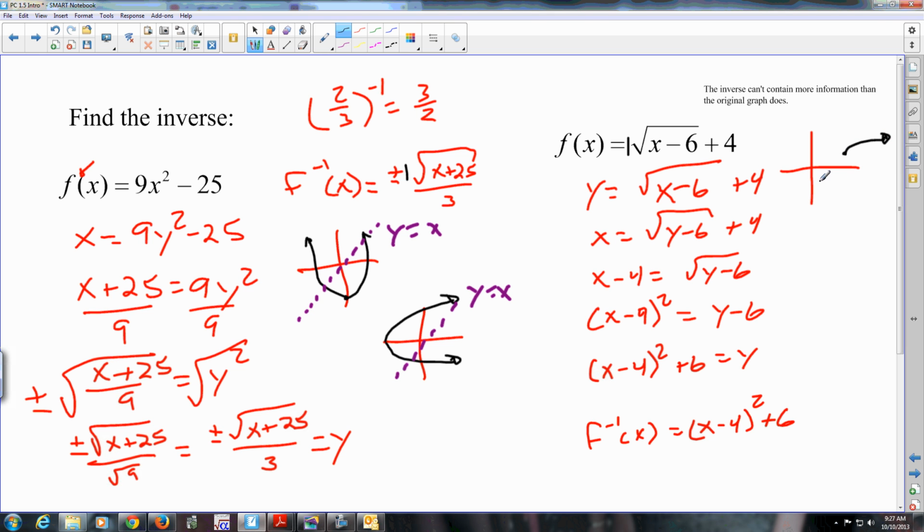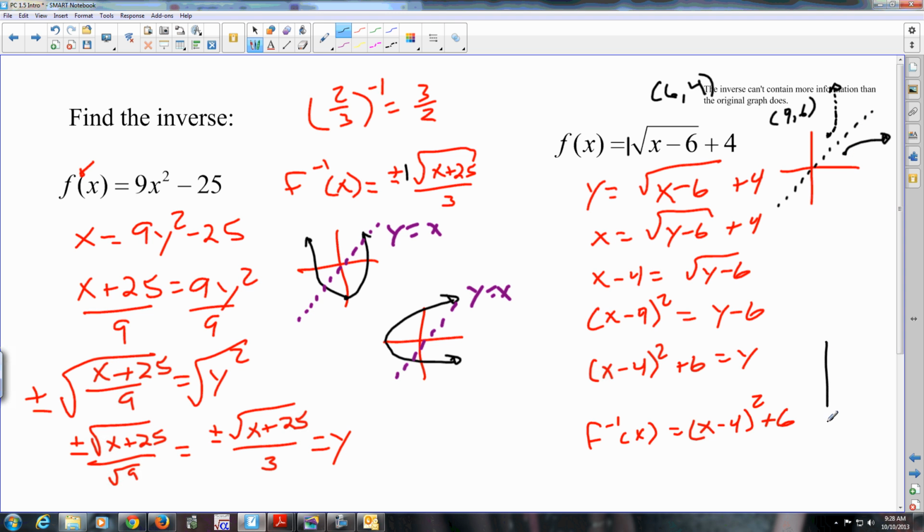And if you were to reflect it over the line y equals x, the point (6, 4) would become (4, 6) in the inverse. So 4 right, 6 up. And I'm hoping that you'd see that this would be its inverse when you reflect it.